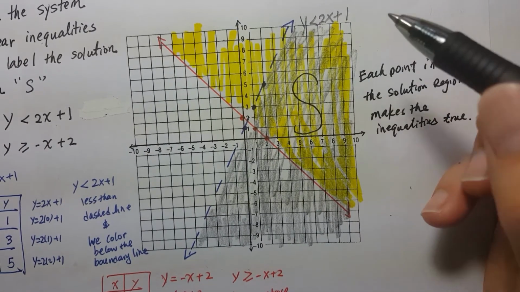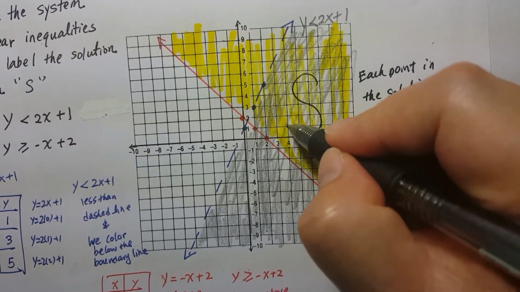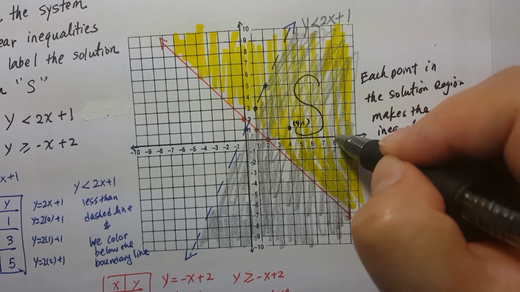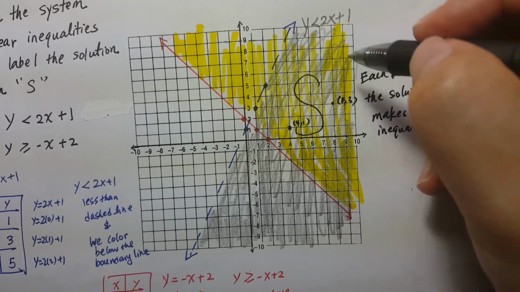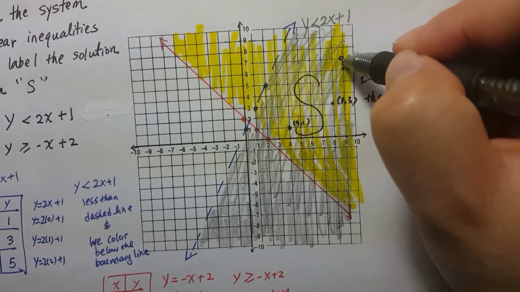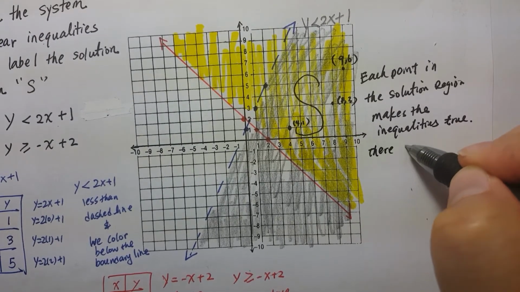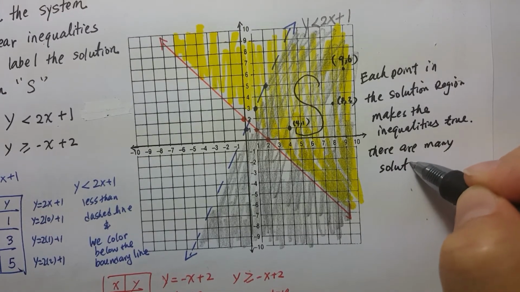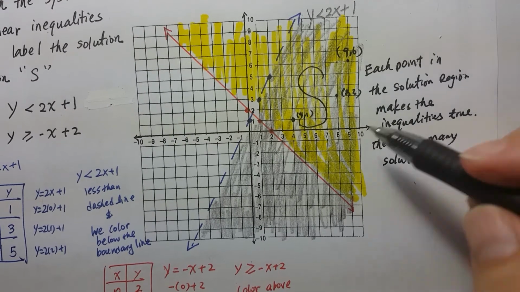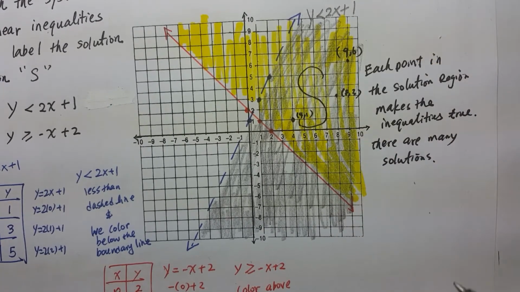There are so many points over here. So we have, like, 4, 1 is a solution, 8, 3 is a solution, 9, 6 is a solution. So there are many solutions.